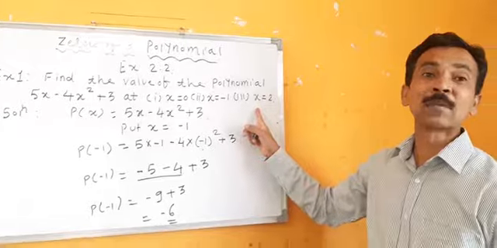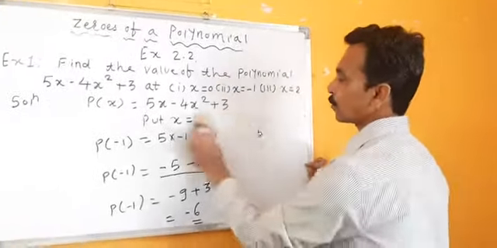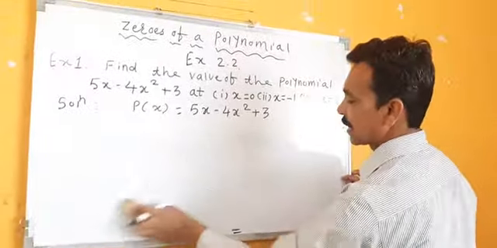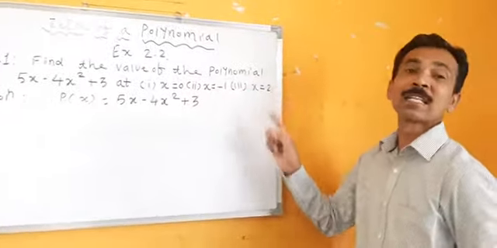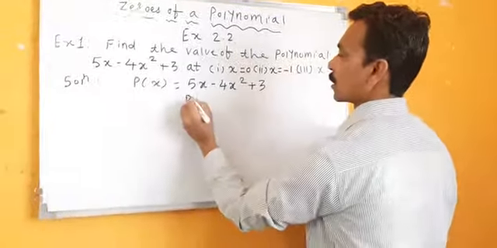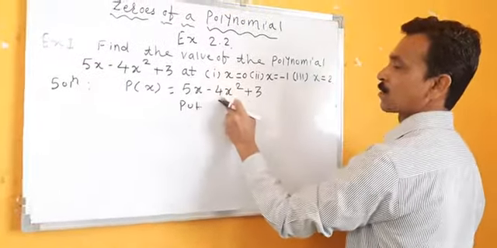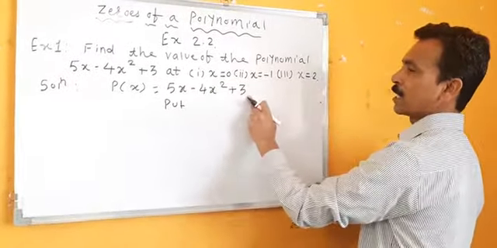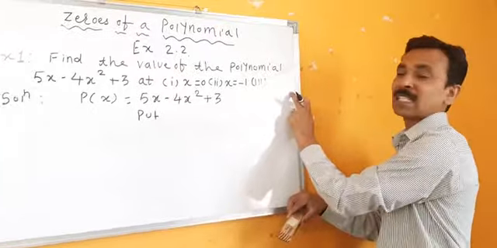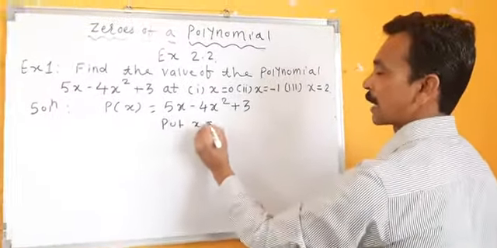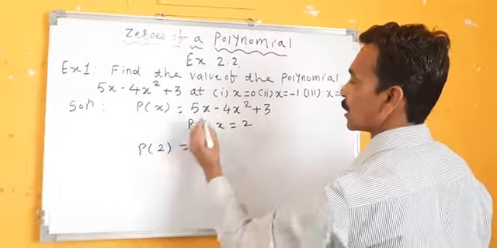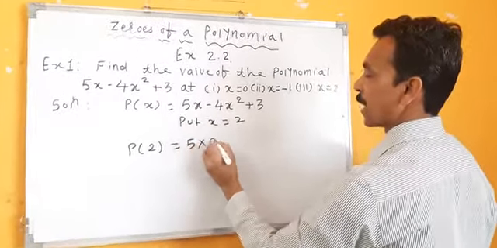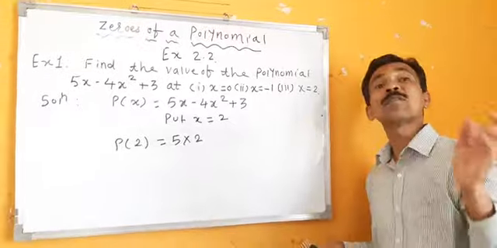Now you go for the third bit. P of x is the same because the equation is the same for all three values. Put p of x is equal to 5x minus 4x square plus 3 at, what is the value of x? 2. So I'll put x is equal to 2. So it becomes p of 2 is equal to 5x, which means 5 into 2, because 5x means 5 into x.